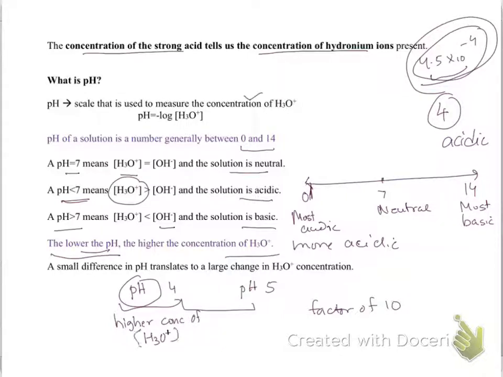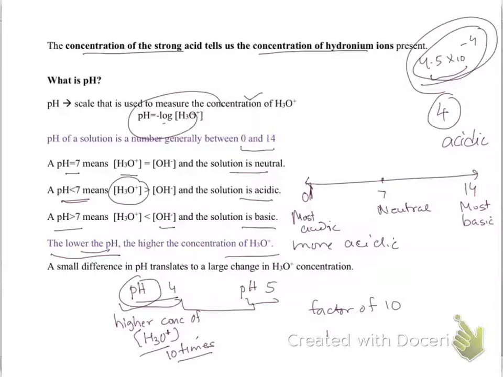How much higher? 10 times, because my relation is with the log. Log means 10 to the power. So a solution with pH 4 has 10 times more hydronium ions compared to a pH 5 solution.